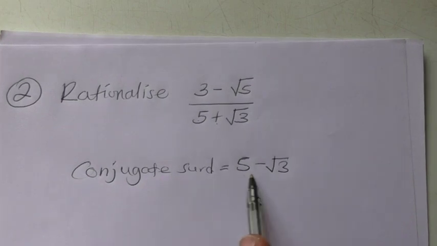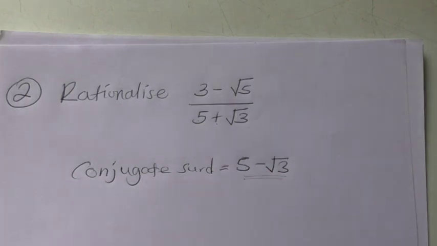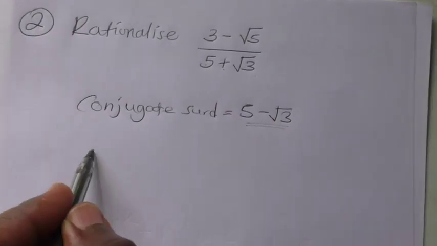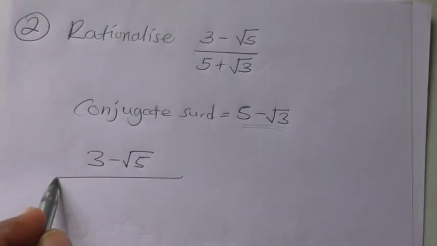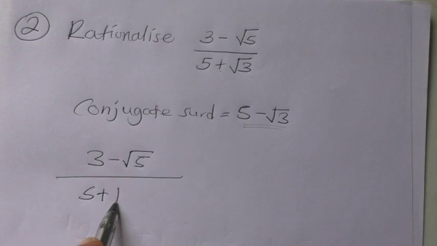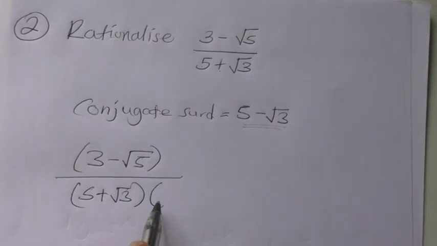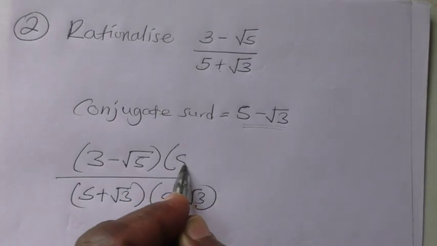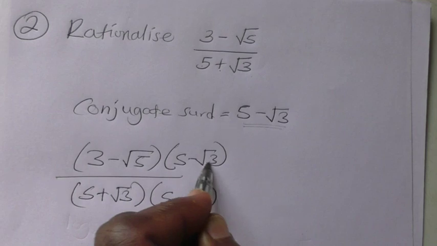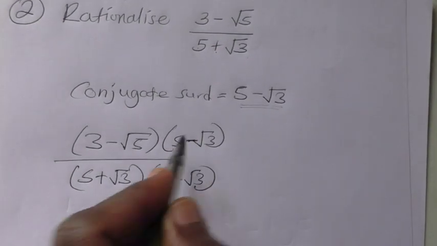So after getting the conjugate, we now multiply it by the numerator and the denominator. So that is 3 minus root 5 over 5 plus root 3 times 5 minus root 3 over 5 minus root 3. So that is how we rationalize.